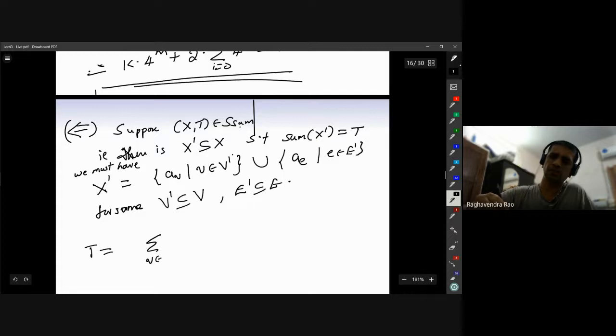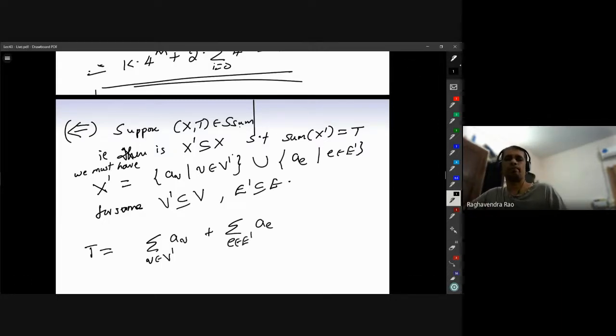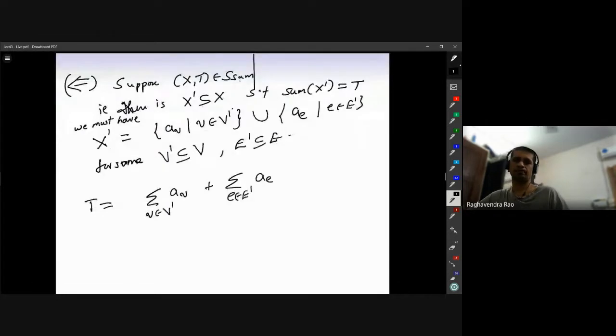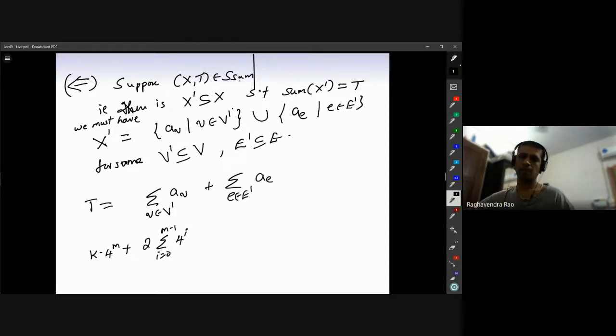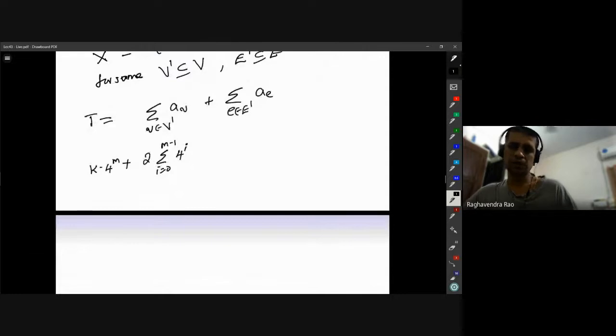summation V in V prime AV plus summation E in E prime AE. Now, remember this value is k into 4 power m plus 2 summation I equal to 0 to m minus 1 of 4 power I. Remember that these are all base 4 representations, right?